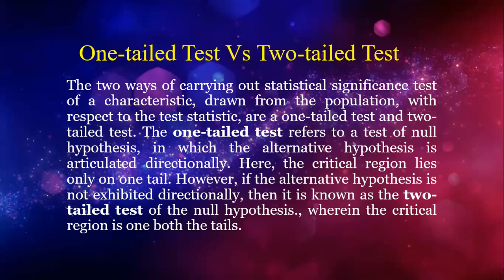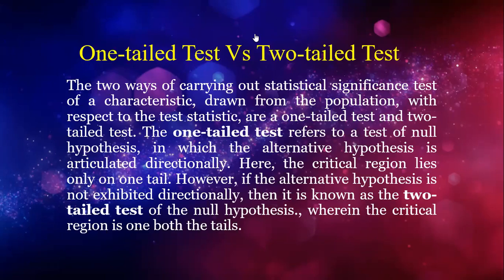The main task of hypothesis testing is to accept or reject the null hypothesis or the alternative hypothesis. We have to decide which hypothesis we are going to keep in our research. In the hypothesis testing procedure, the first step is to state the null hypothesis and the alternative hypothesis.